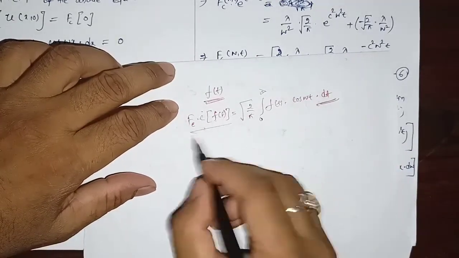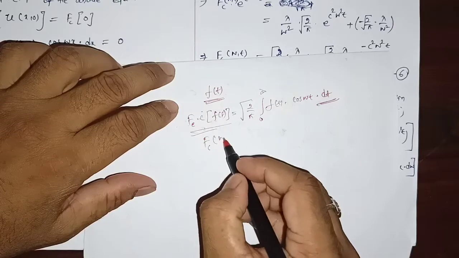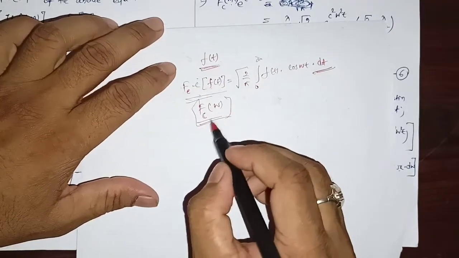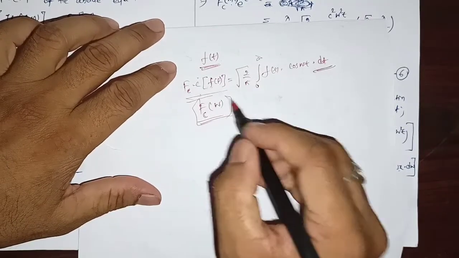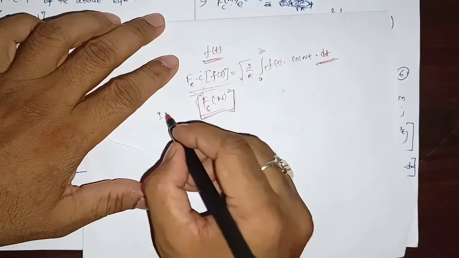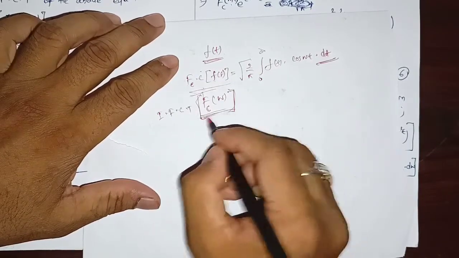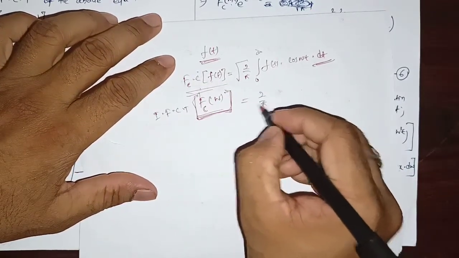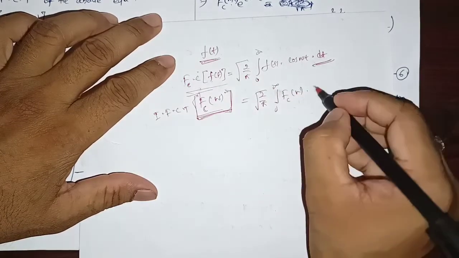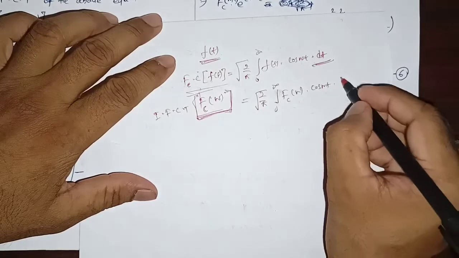And this is nothing but fc omega. If I apply inverse Fourier cosine transform over this one, it will be written as root over 2 by pi integral from 0 to infinity fc omega into cos omega t d omega.